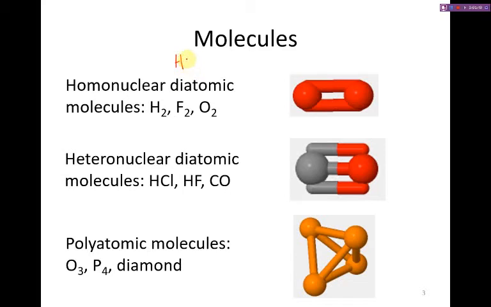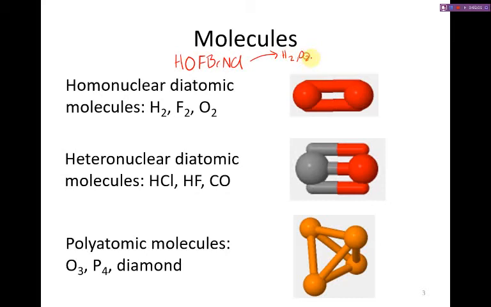And in high school chemistry, you might have learned the following mnemonic, which is Hofbrinkel. And Hofbrinkel tells you the identities of the diatomic elements that you need to be familiar with.